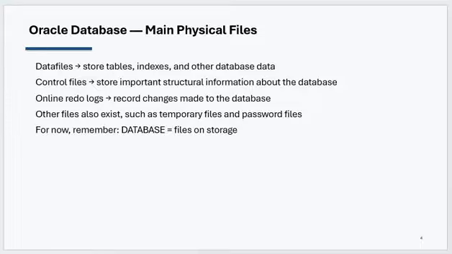Then we have online redo log files. These record changes made to the database and are extremely important for database recovery. There are also other files such as temporary files and password files. We will discuss all of these individually in future lectures. For now, remember one simple statement: database equals physical files stored on a storage.